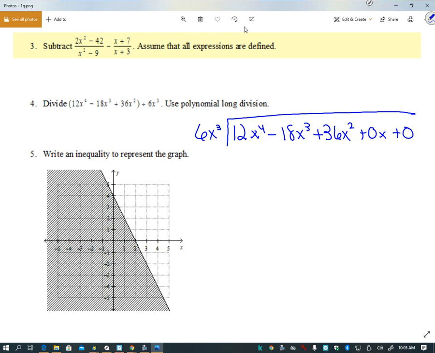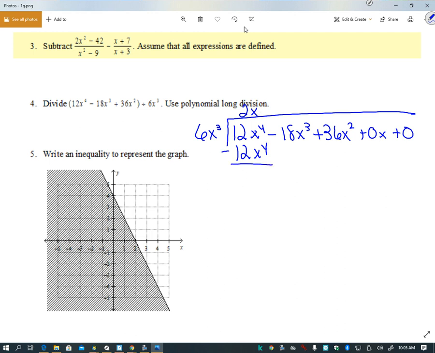How do I get 2x to the what? To the 1st. So it's just 2x. Good. Because 2x times 6x cubed should be the same as 12x to the 4th. Does anybody have any problems with that? Okay. All right. So we're going to subtract.